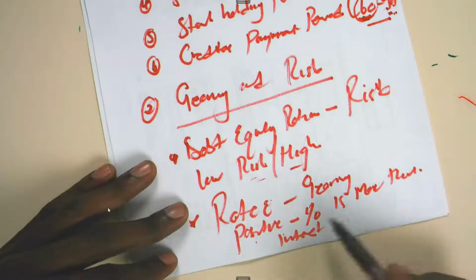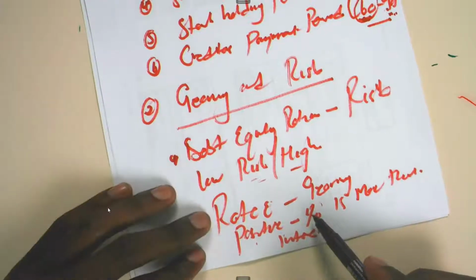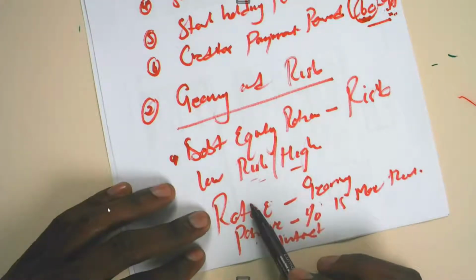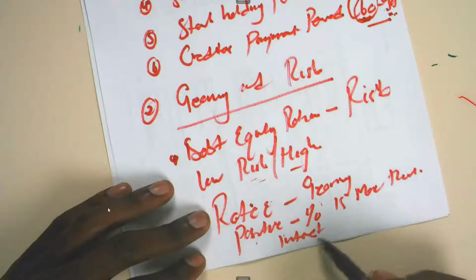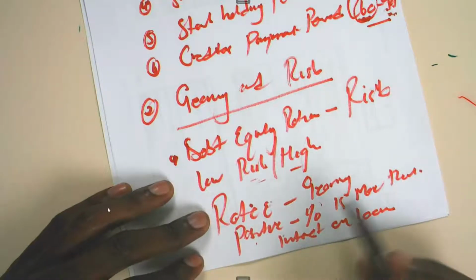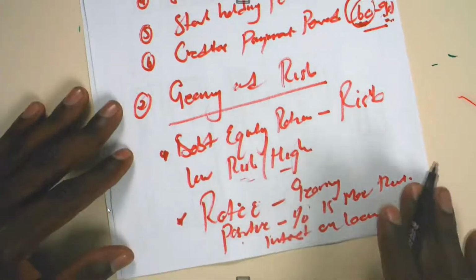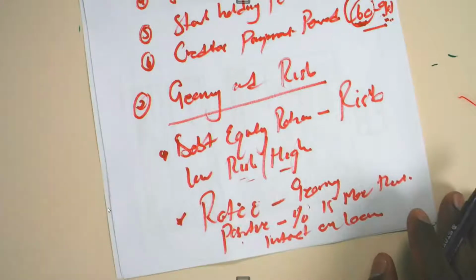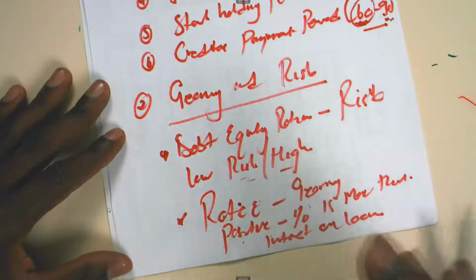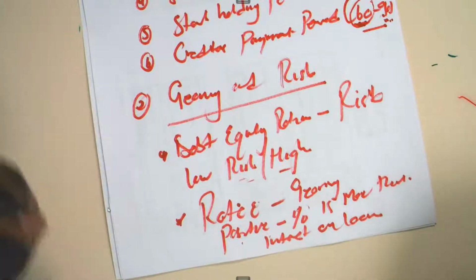But if the percentage that we get from return on total capital employed is less than the interest on loan, then the company has a negative gearing. A positive gearing is when the company's return on total capital employed is more than the interest on loan. Then this company has a positive gearing.